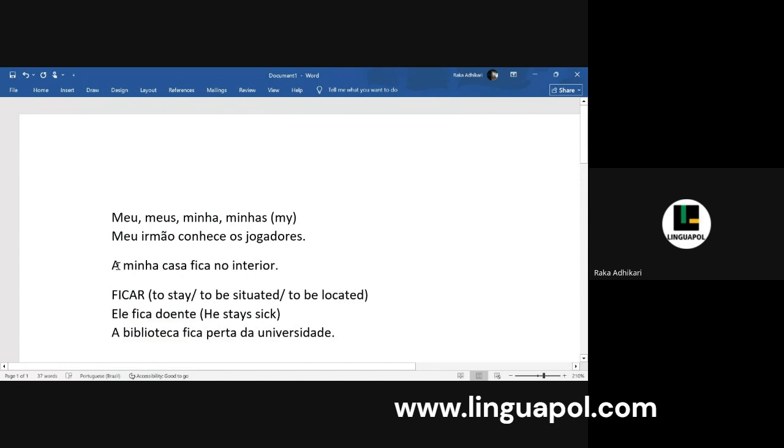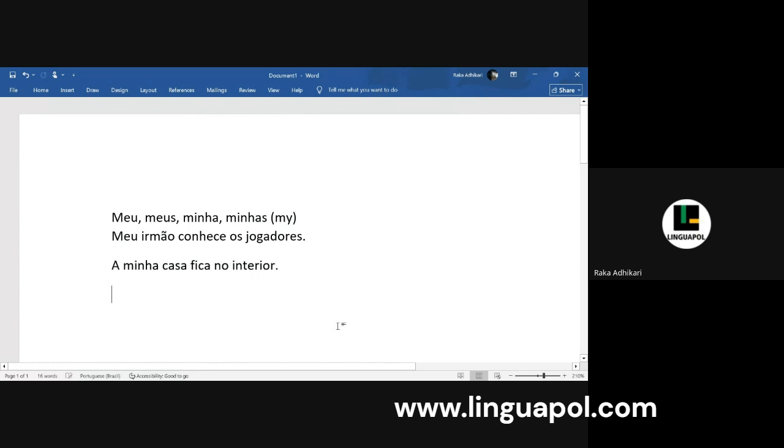Now our sentence is minha casa fica no interior. That means my house is located in the interior or in the suburban. So why are we using minha here and not meu? What is the reason we are using minha?